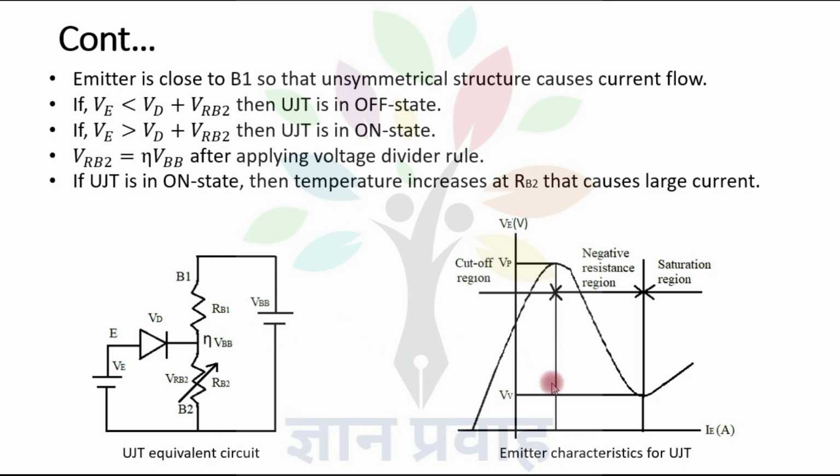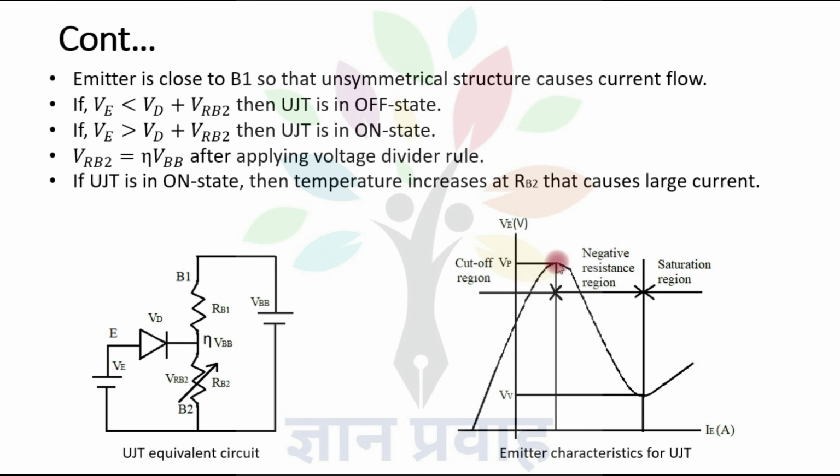And the emitter characteristic for UJT is given here. There are three regions. One is the cutoff region, the second one is the negative resistance region, and the third one is the saturation region. So this one is the negative resistance region because the resistance value is decreasing here. Then it enters the saturation region.